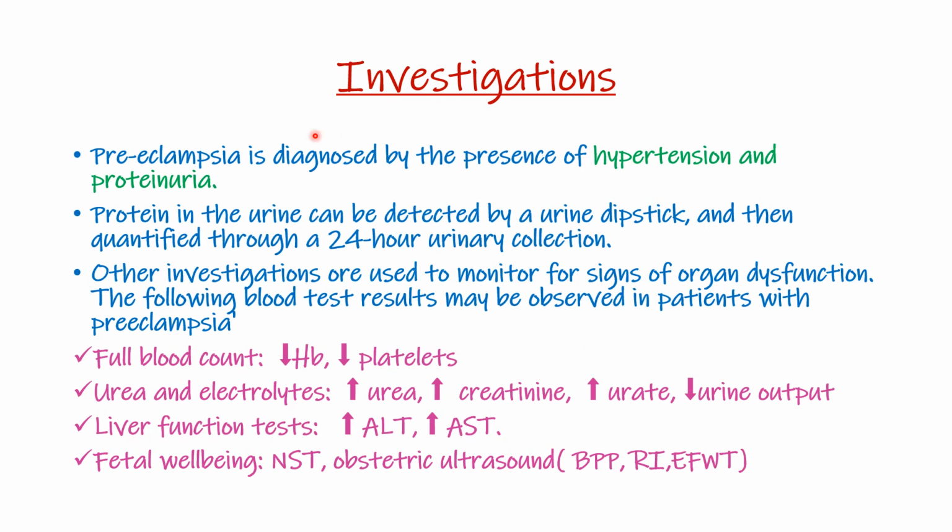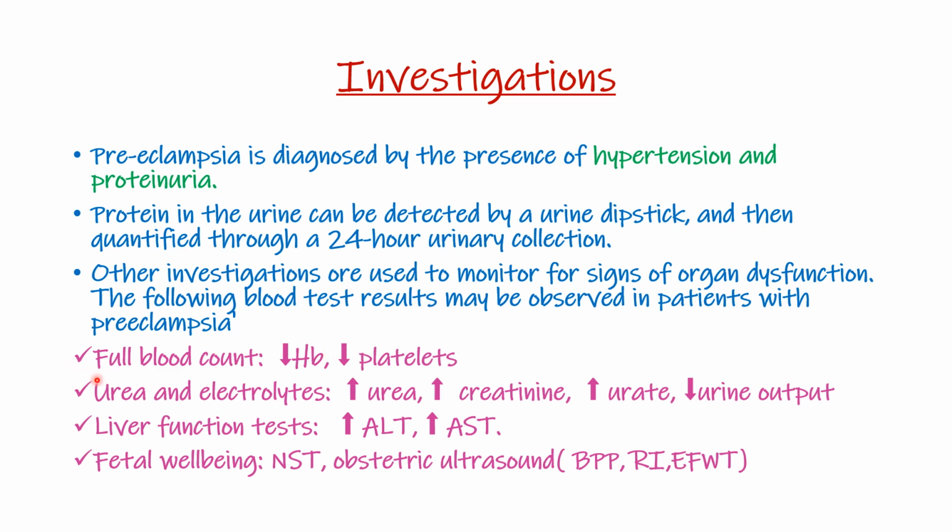So investigation, preeclampsia is diagnosed by the presence of hypertension, as we said, greater than 140 over 90, and proteinuria. Protein in urine can be detected by urine dipstick and then quantified through 24-hour urine collection. These are other investigations that can be done to monitor signs of organ dysfunction or signs of severity of preeclampsia.